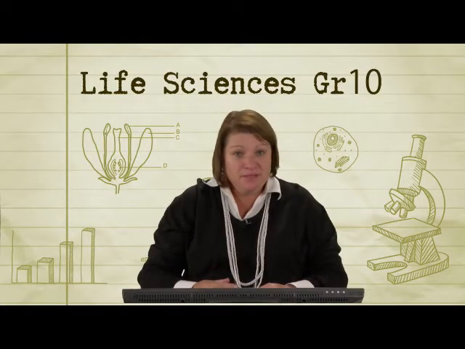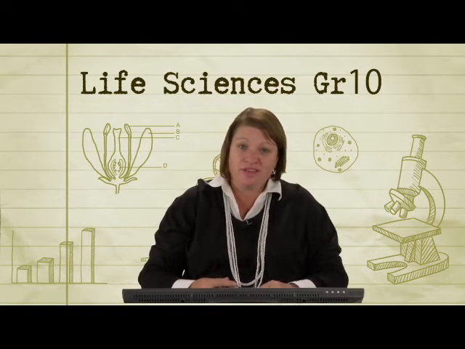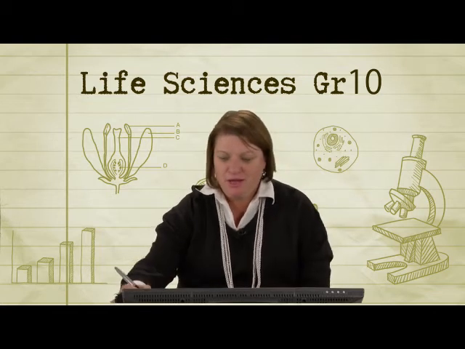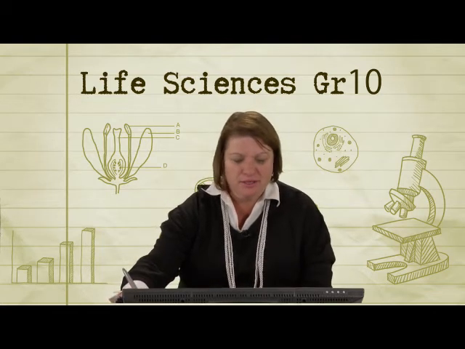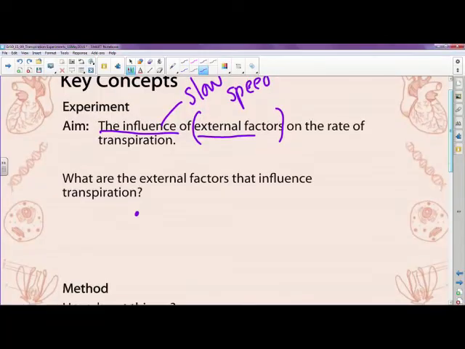Hope you remembered what the external factors were that affect transpiration. Your answer should have been the following. Humidity, in other words, how much water vapor is in the air.